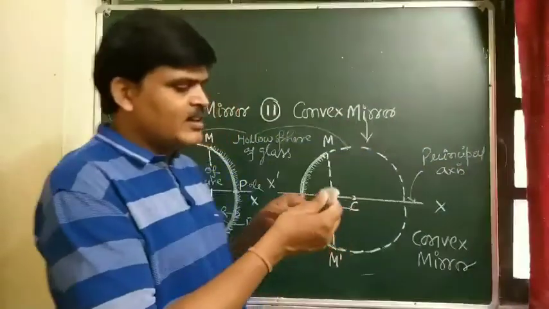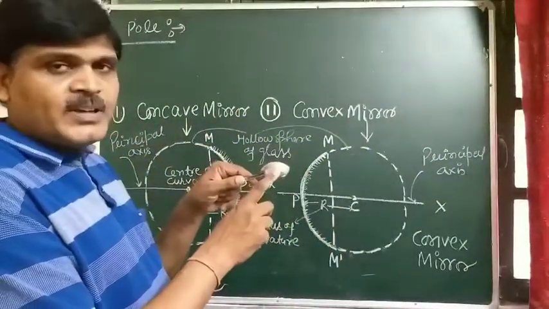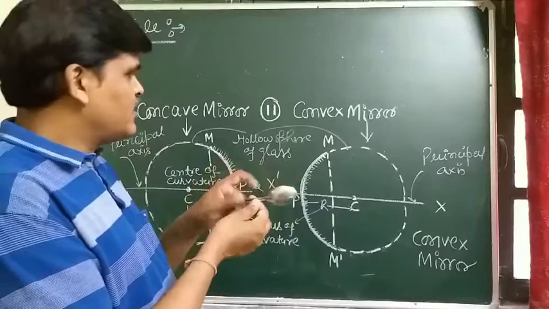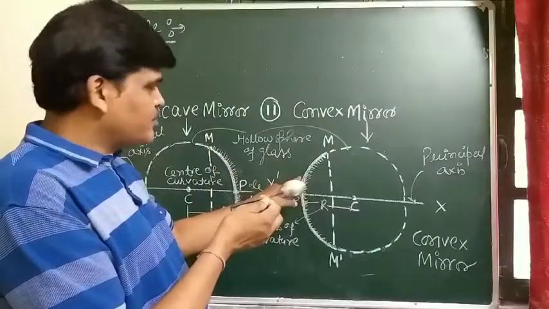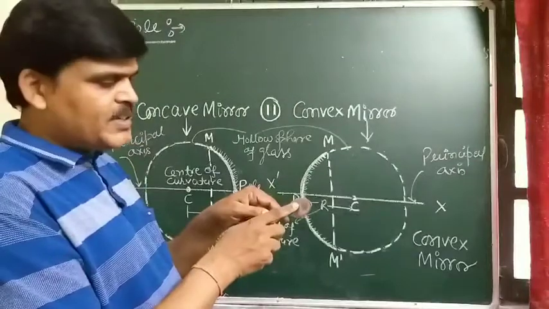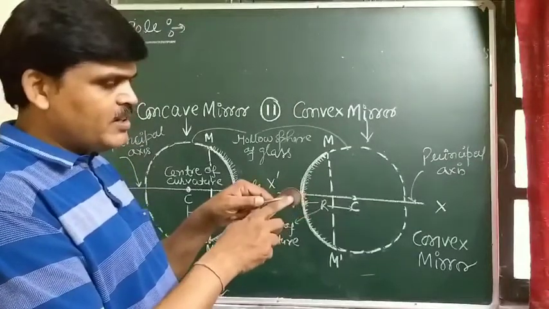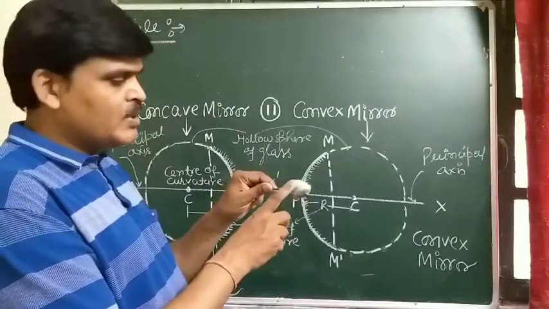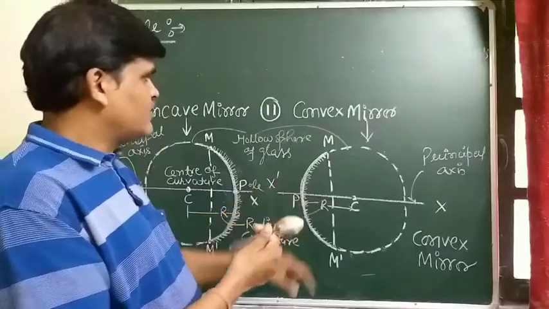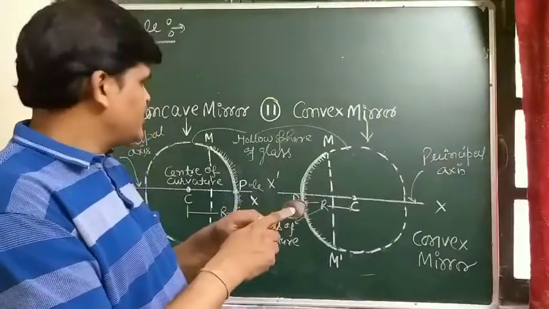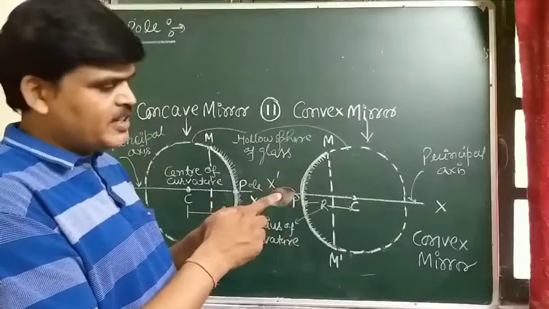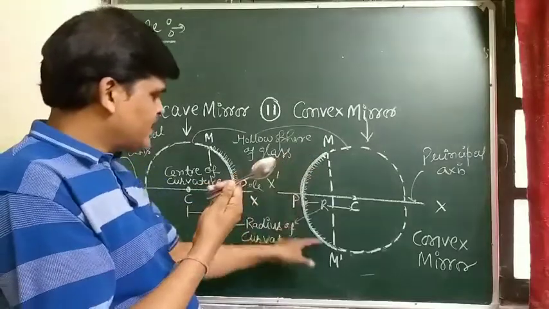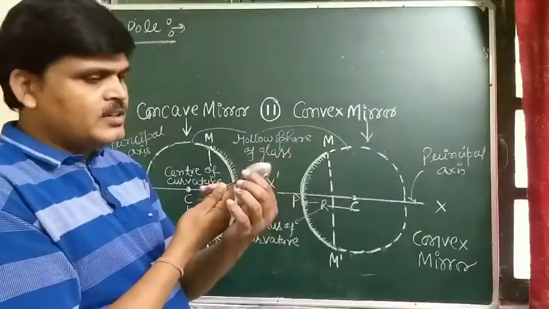And the outer shining surface of a steel spoon acts as a convex mirror. So the inner shining surface acts as a concave mirror, and the outer shining surface of the stainless spoon acts as a convex mirror. So in case of reflection, for a concave mirror, reflection is taken from the inner surface, and in case of a convex mirror, reflection is taken from the outer surface.